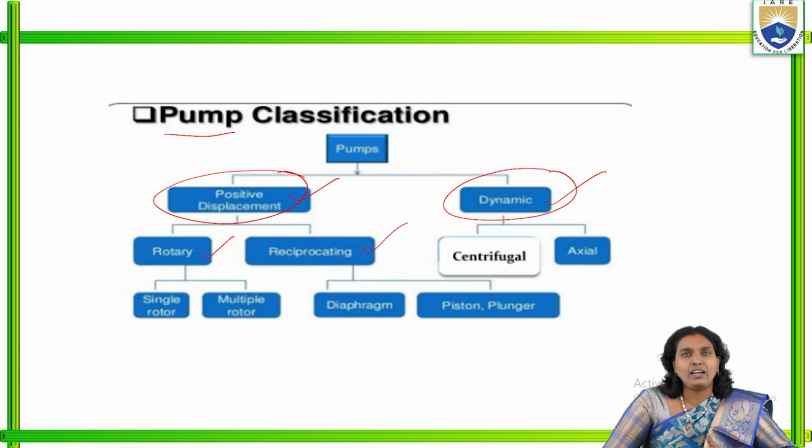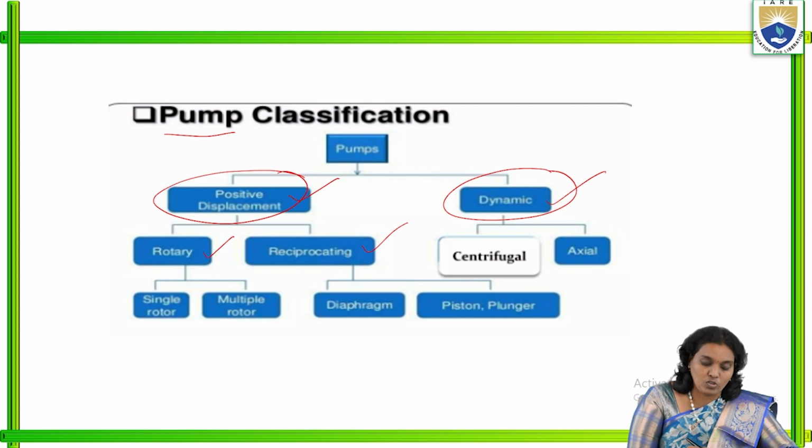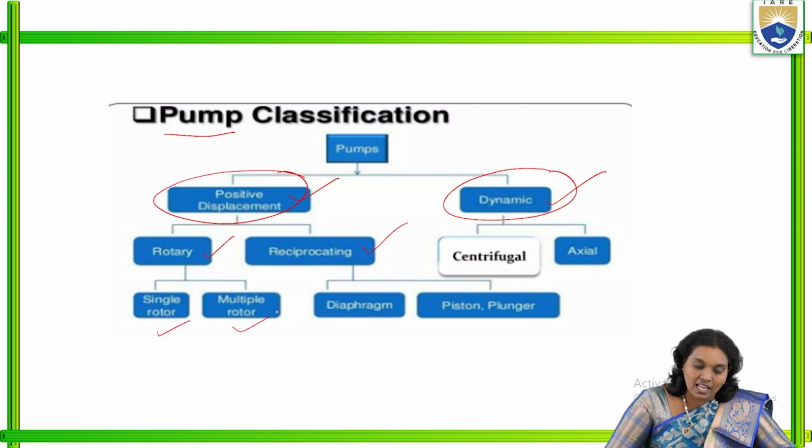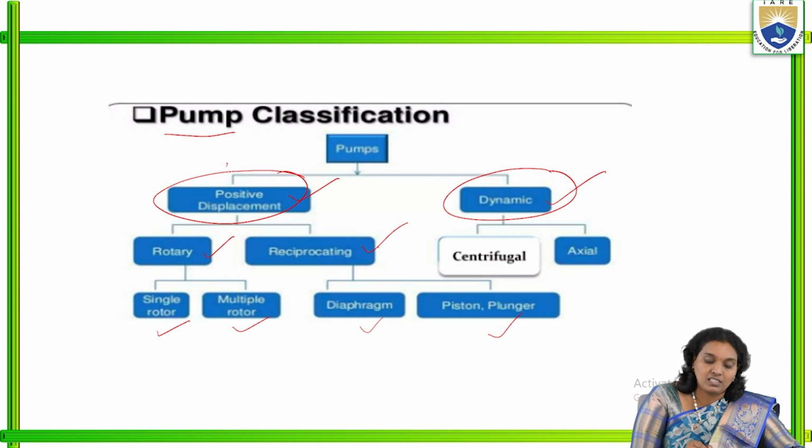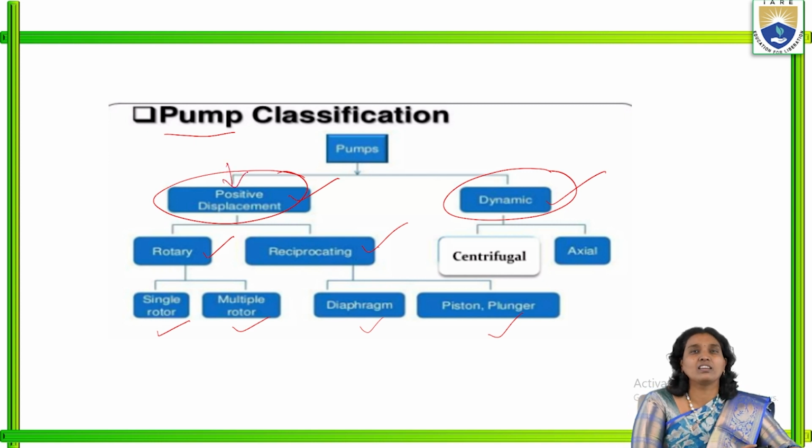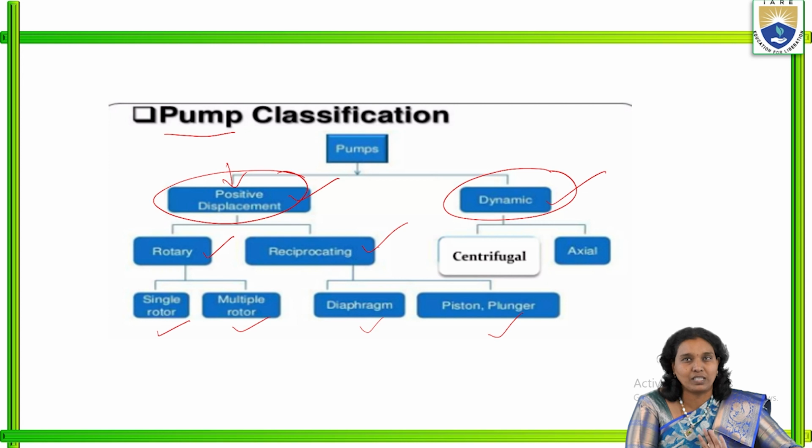Rotary pumps are categorized into single rotor and multi rotor. Reciprocating pumps are diaphragm and plunger or piston. So these are the various types which come under the category of positive displacement.